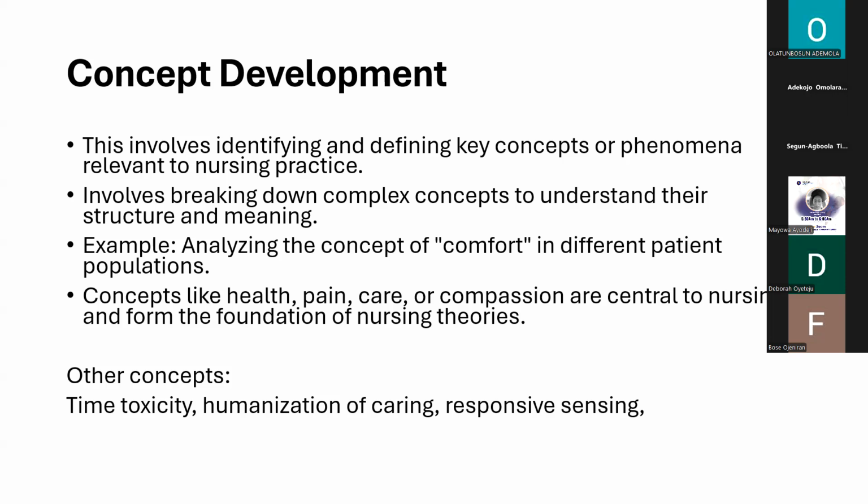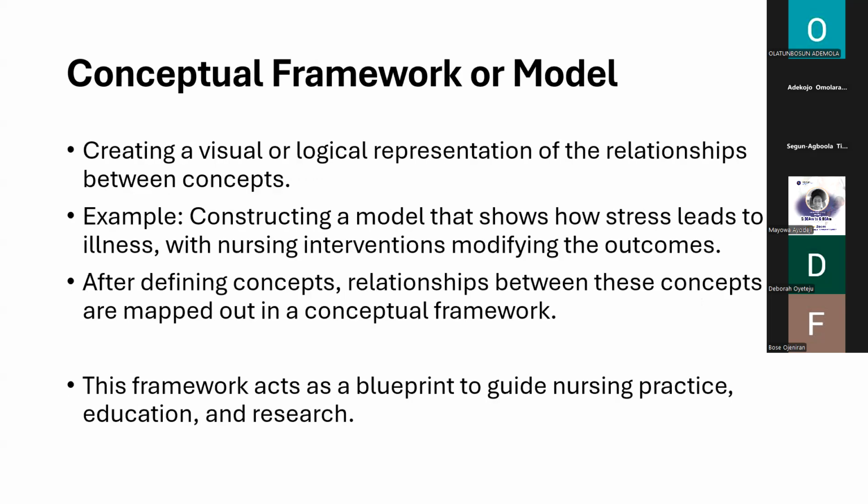So I talk about those things that cannot be measured quantitatively, but qualitatively. I've written about humanization of caring and then responsive sensing. There are a lot of concepts that you can work on, develop, give a meaning, and clarify the meaning.